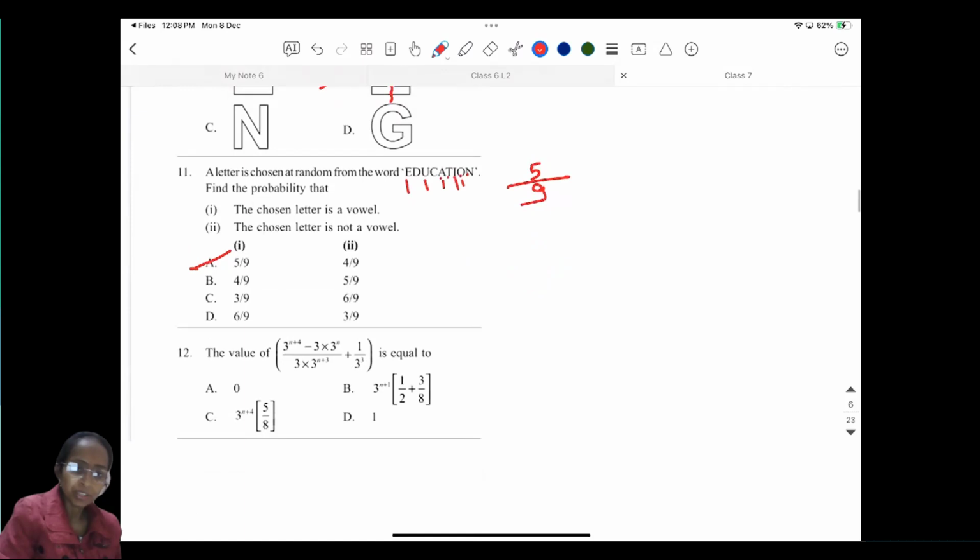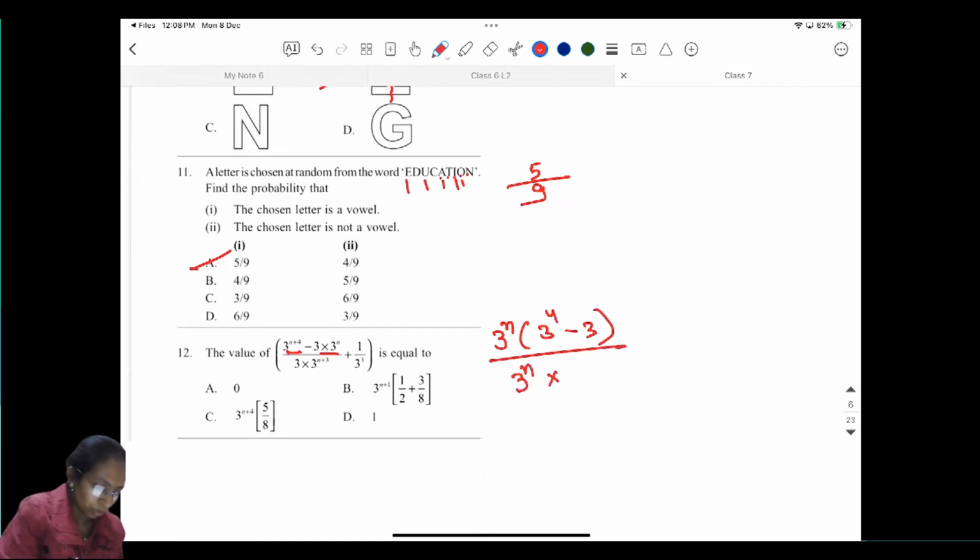Now the 12th one, find the value of this. So for solving this, we can take the 3 to the power n common from the first two terms. So we are having 3 to the power n times (3 to the power 4 minus 3 upon 3 to the power n into 3 cube). I am just separating this 3 to the power n plus 3, because we know that a to the power m plus n is equals to a to the power m into a to the power n. So we are using this identity, this law, and the rest is 1 by 3 cube.